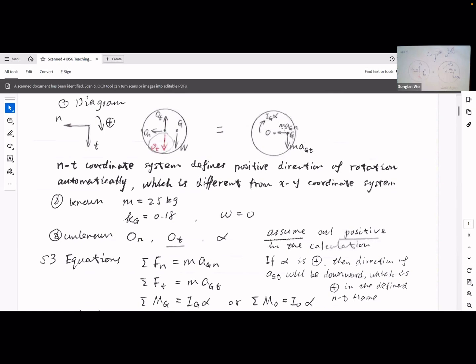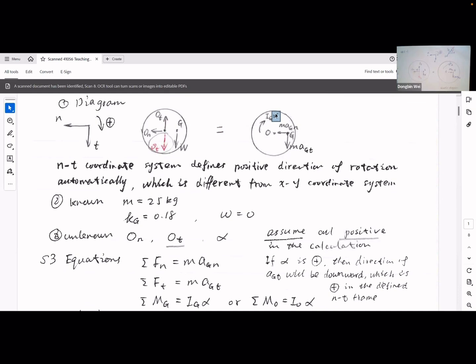Oh, there's one thing I should mention. When you draw this kinetic diagram, firstly you assume alpha is positive, clockwise.